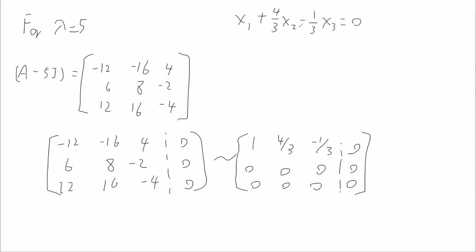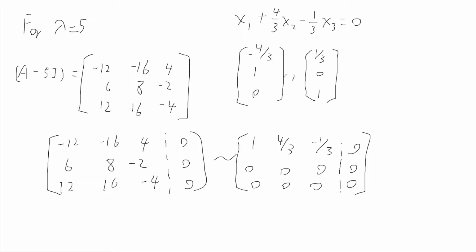Here we actually have two free variables, x2 and x3. So let's say if x2 is 1 and x3 is 0, then x1 would have to be -4/3. That's the first one. And for another one, if x2 is 0 and x3 is 1, then x1 would have to be 1/3. These two are linearly independent.